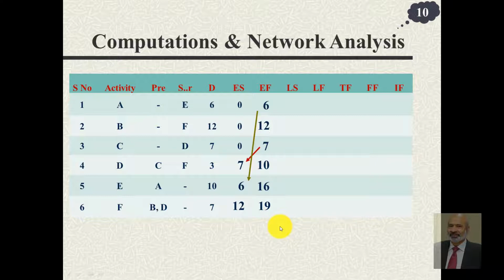Now in order to make the backward pass, we see that activities E and F go up till the end because they do not have any successor. So for both these we will write the maximum time, which is 19, as the latest finish time here and also here.